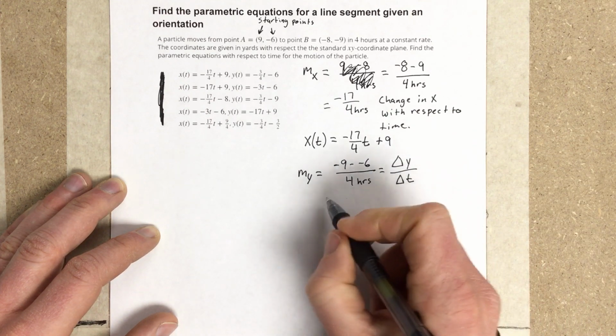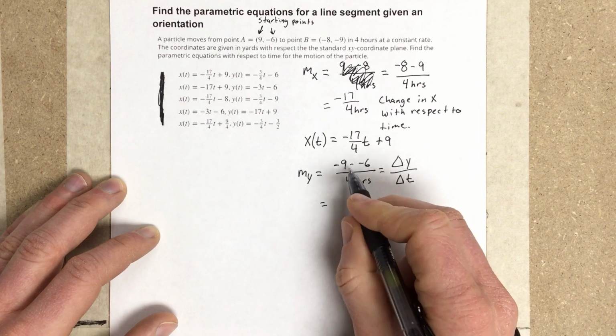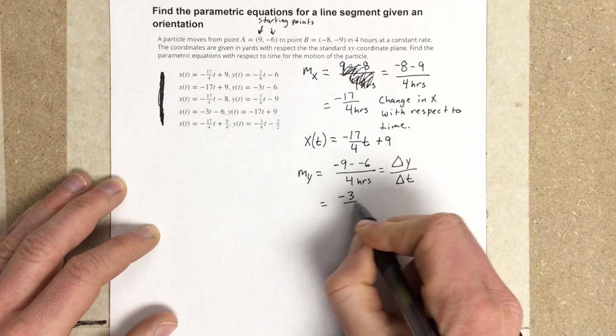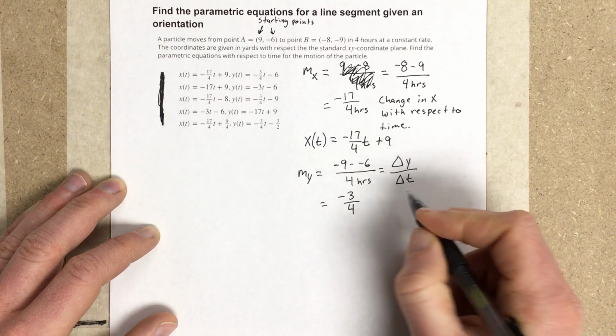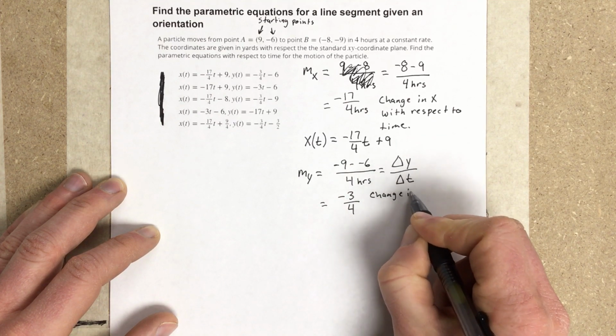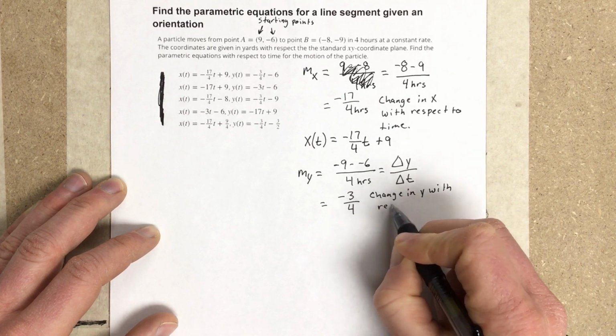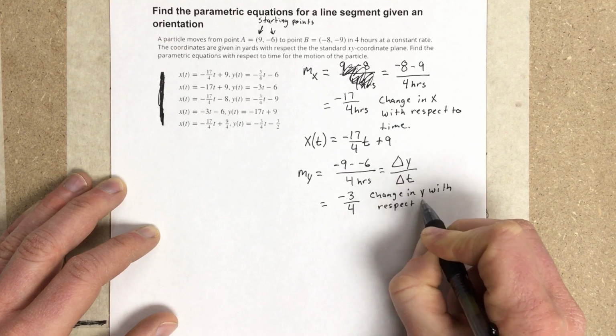So I end up with -9 plus 6, so that's going to be -3 over 4. And again, this is a change in y with respect to time.